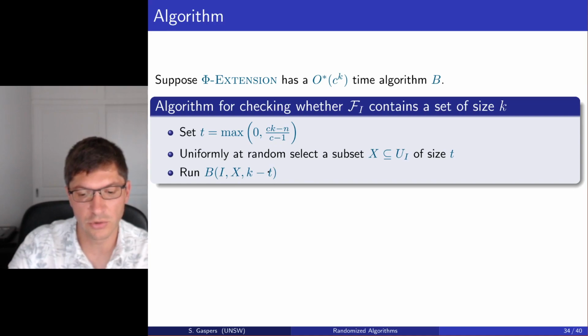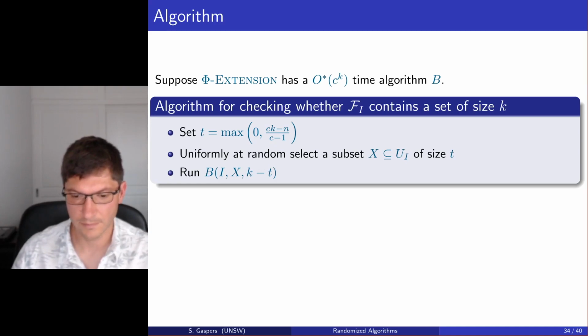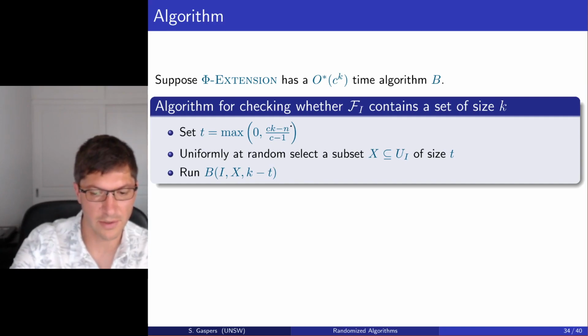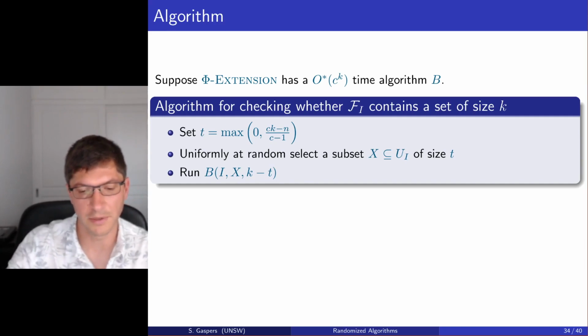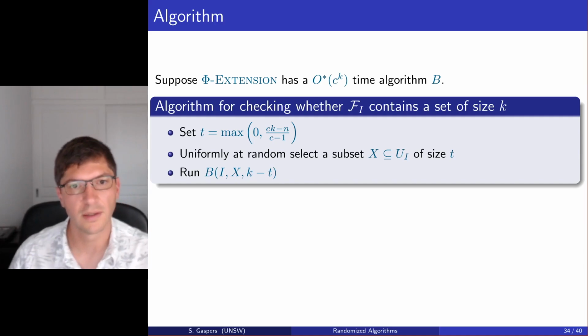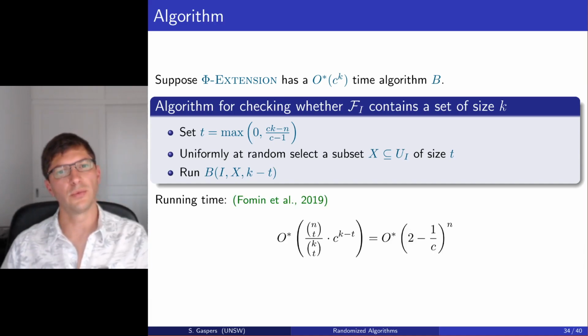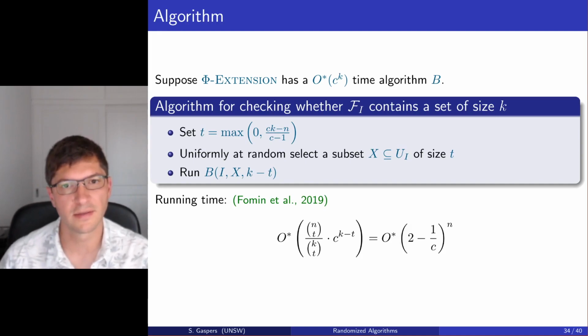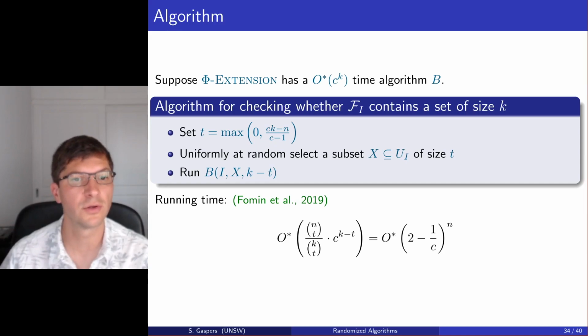And now we are going to see whether there's an actual solution of size k minus t. I've selected this threshold in some way, and I made sure that it's non-negative. So this is now a randomized algorithm, and it has some success probability, and we are going to repeat it a number of times in order to get constant success probability.